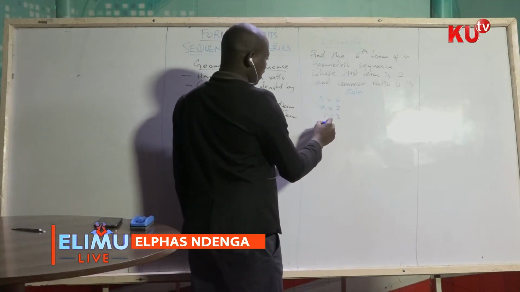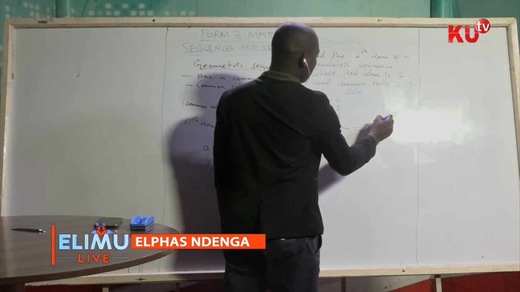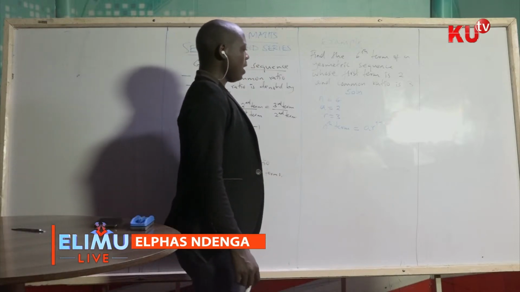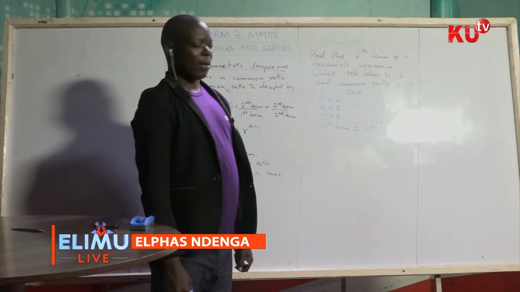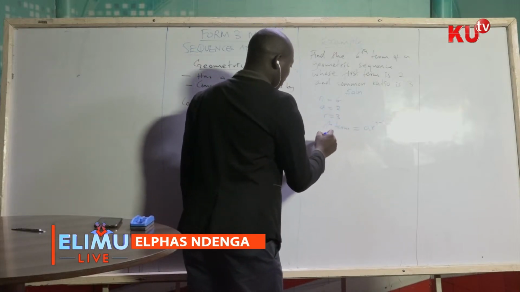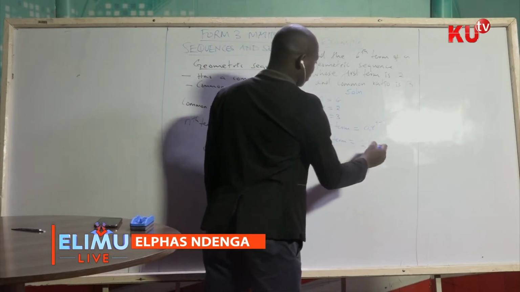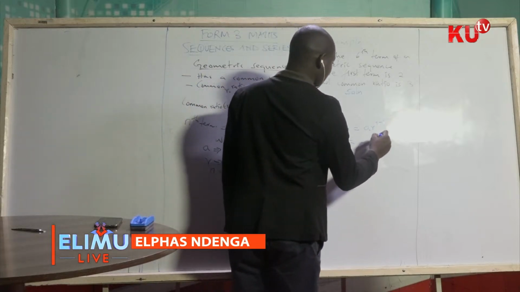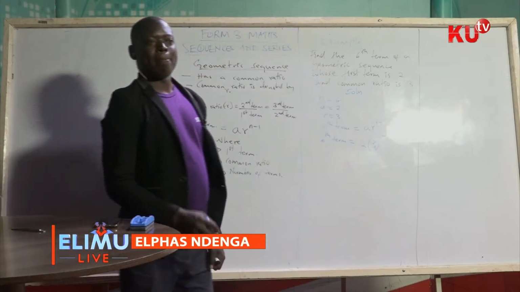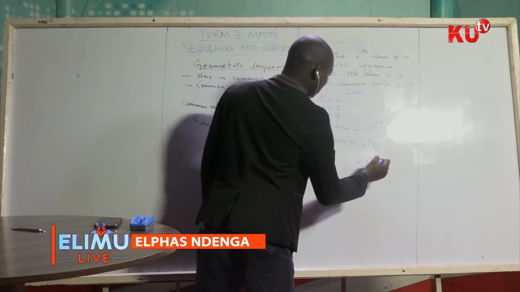So the nth term is equal to ar^(n-1). A is the first term. So our sixth term is 2 times 3 to the power of 6 minus 1. So what will this be? 2 times 3^5.